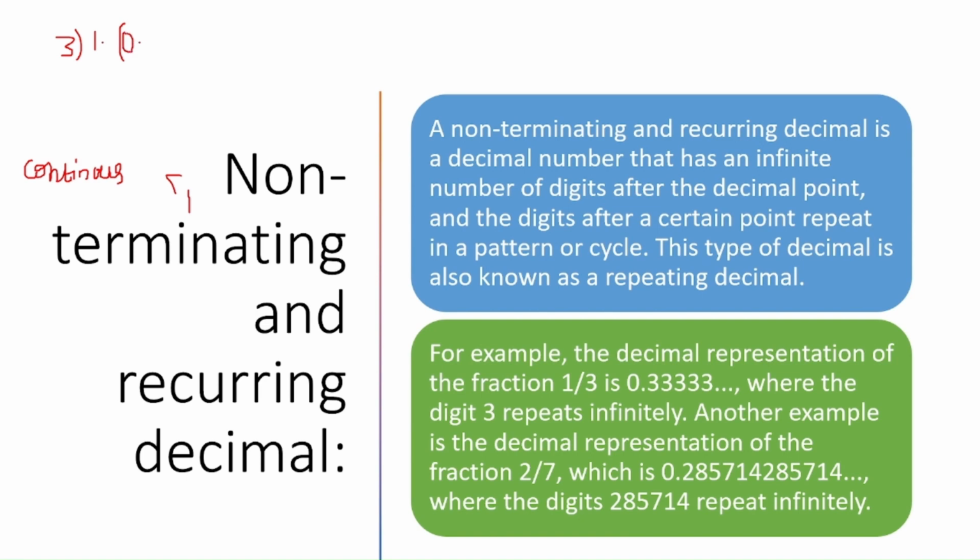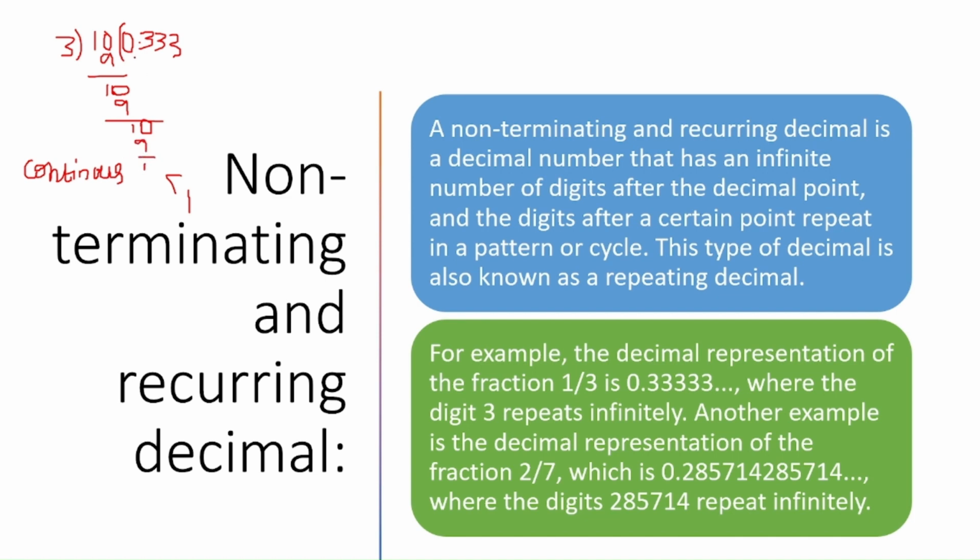Point 0, 3, 3 is 9, 10 minus 9 is 1, 0, 3, 3 times 9, 1, 0, 3, 3 times 9, 1.